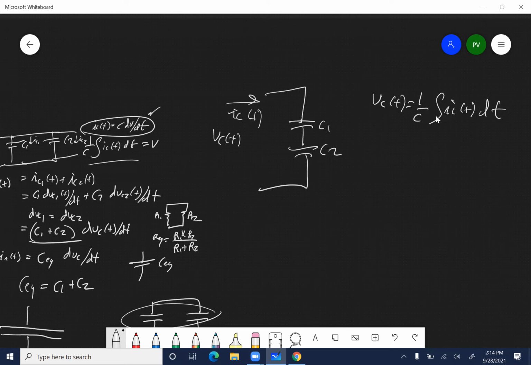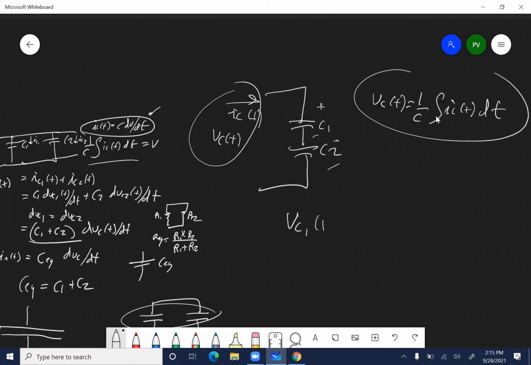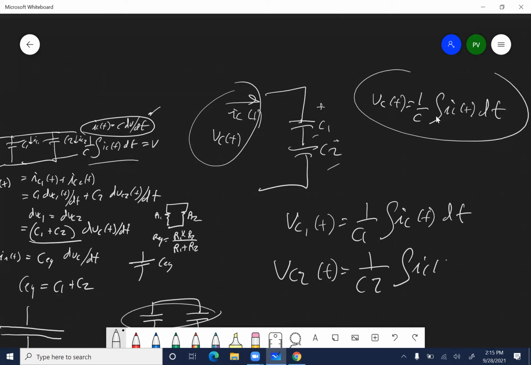So if we can use this equation to make this and this look like it, we can do that C equivalency. But let's go ahead and solve for the individual voltages first. So VC1 of T equals 1 over C1, integral of IC of T dt, and VC2 of T equals 1 over C2, integral IC of T dt.